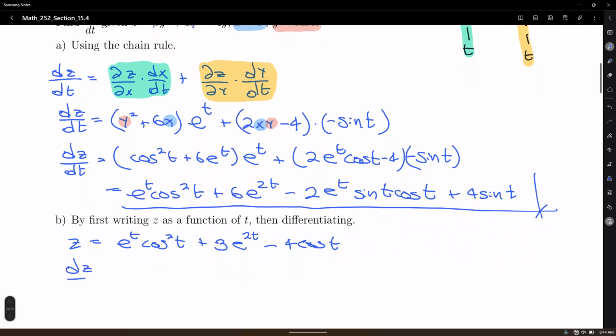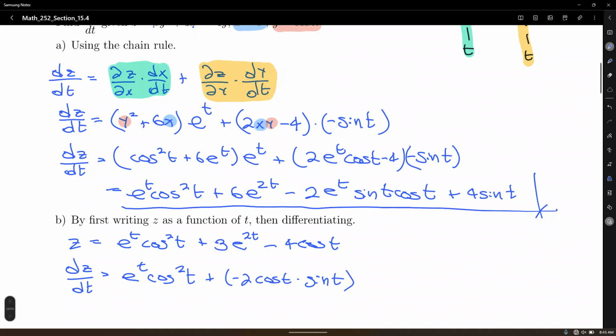That is dz dt equals, oh, here, careful, we're going to need a product rule along with a mini chain rule. So using the product rule, the derivative of e to the t is itself, e to the t times cosine squared t, plus the derivative of cosine squared, which is going to be negative 2 cosine t times the derivative of cosine, which is negative sine, but I already had the negative, that's sine t.